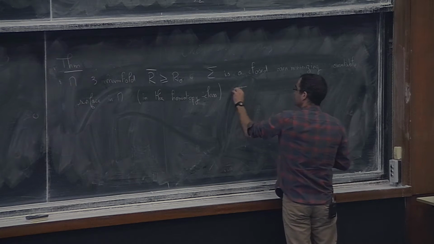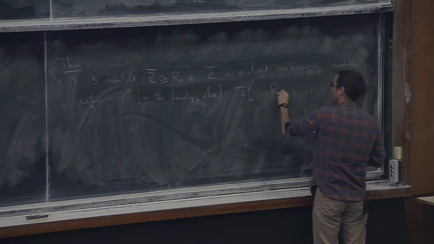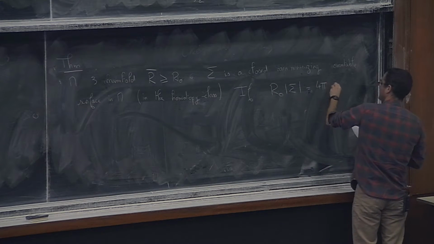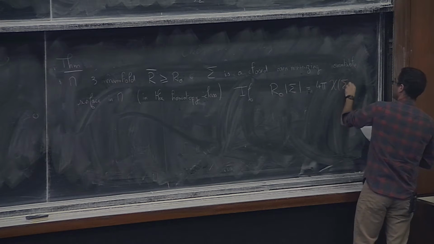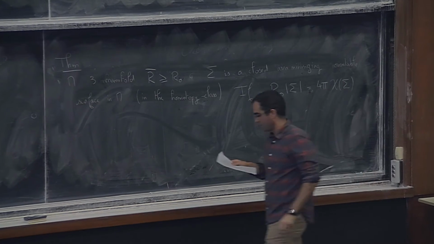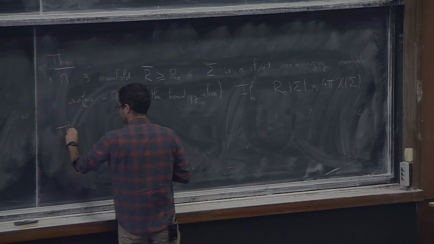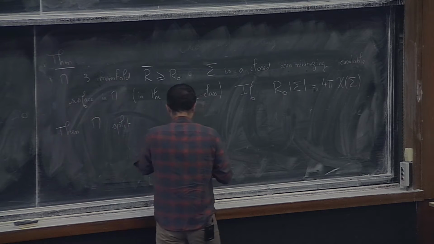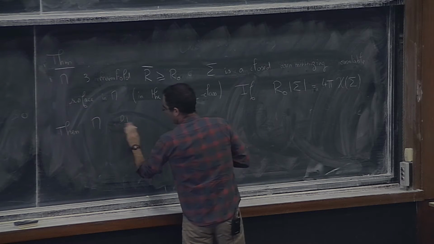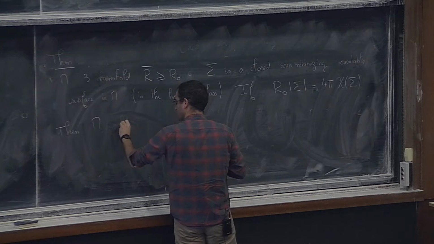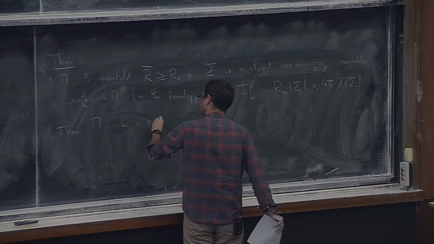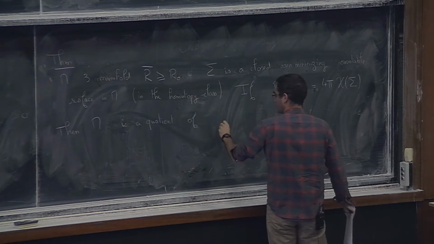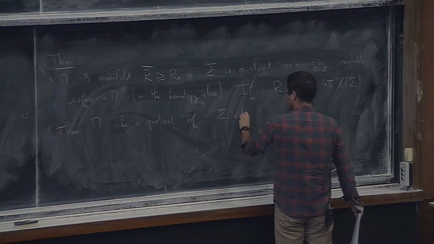So if you have equality in the inequality, so 4 pi times the Euler characteristic, then M splits, say M is a quotient of sigma times R.